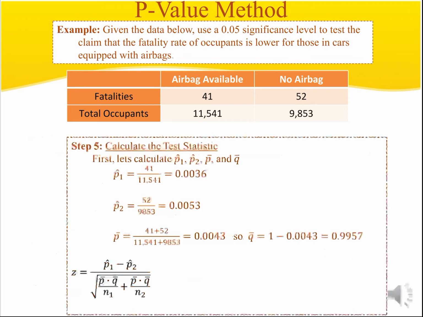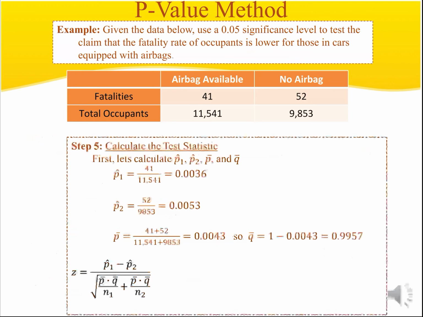Now our pooled proportion is 41 plus 52, so all of the fatalities divided by all of the total occupants, 11,541 plus 9,853. So we get 0.0043. So q bar is the complement of that, 0.9957.